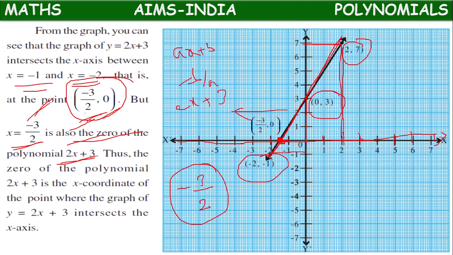So the graph of y equal to 2x plus 3 is a straight line. That straight line intersects the x-axis at some point, and at that point, the x value will be the 0 of the polynomial.